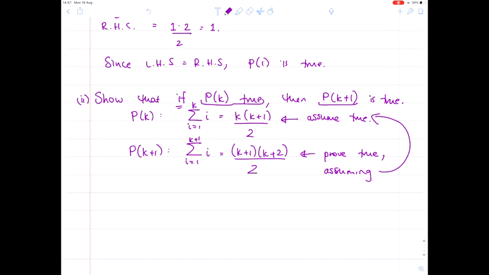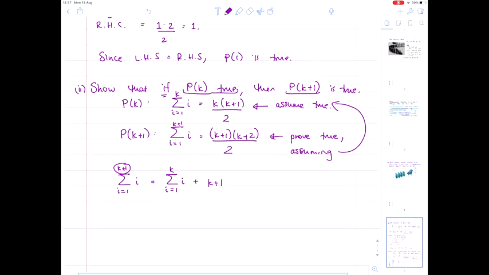Well, let's see what we can do. We know that the sum from i equals 1 to k plus 1 of i is really the same as the sum from i equals 1 to k of i plus the very last term, which is just k plus 1.